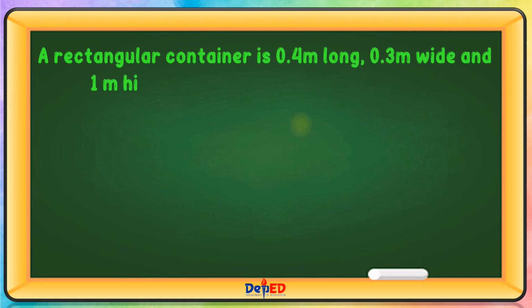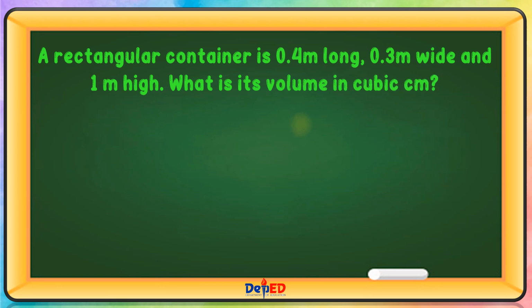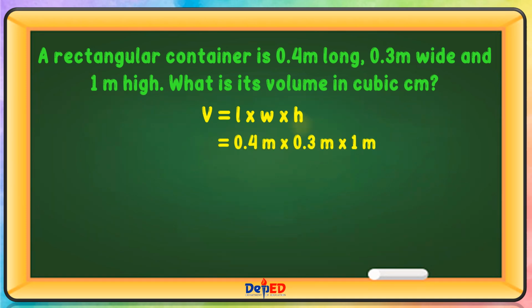A rectangular container is 0.4 meters long, 0.3 meters wide, and 1 meter high. What is its volume in cubic centimeters? Length times width times height equals 0.4 meters times 0.3 meters times 1 meter equals 0.12 cubic meters.